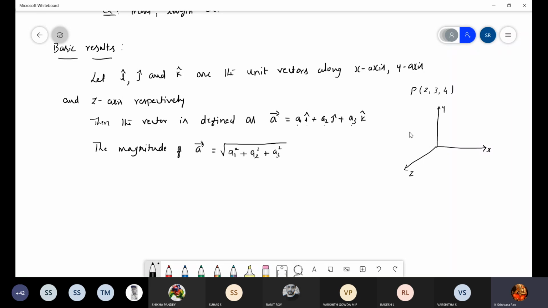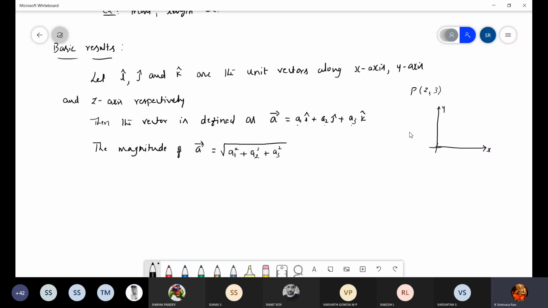So I want to mark 2, 3. How will you plot the point in a coordinate system?